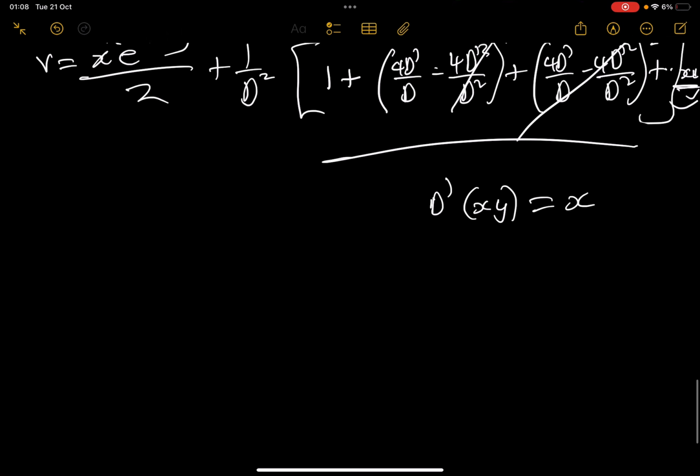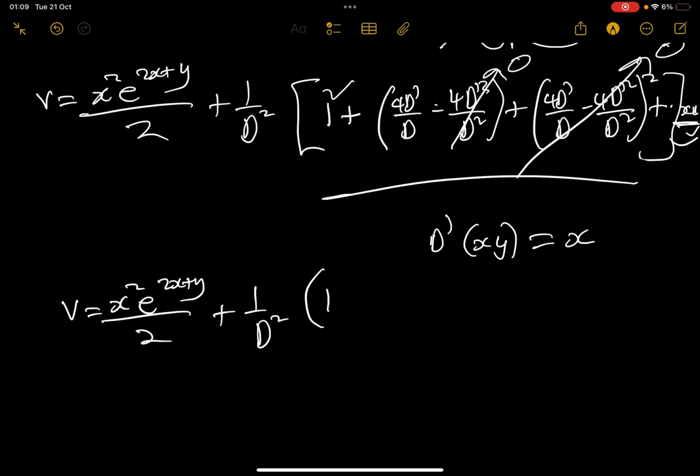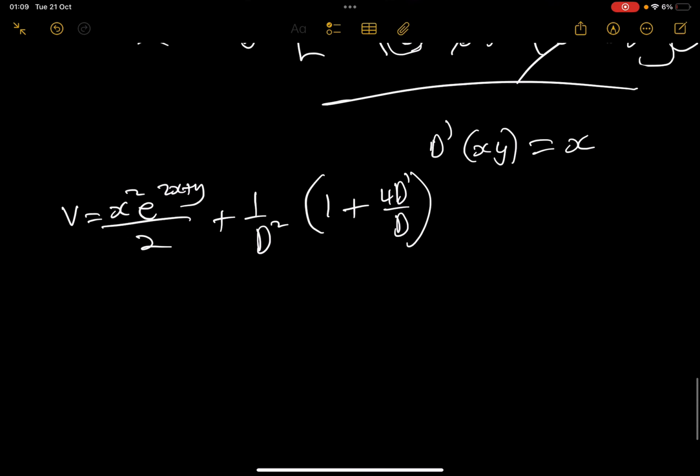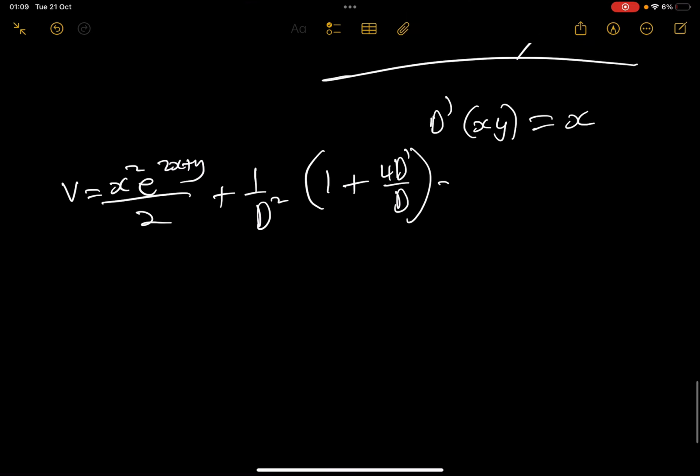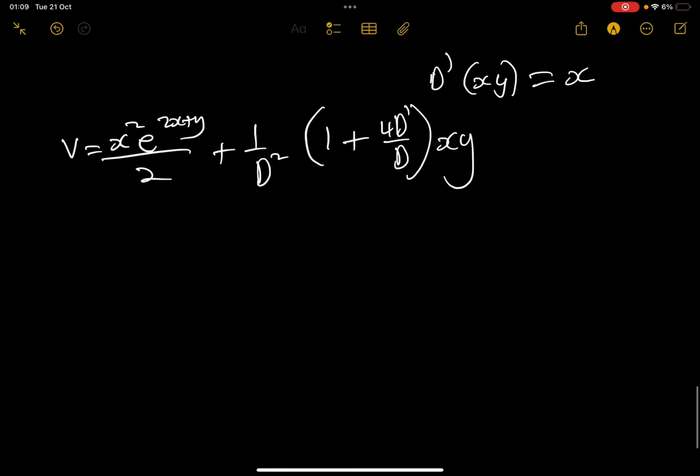So we are going to have v is equal to x squared e^(2x + y/2) plus 1 over D squared, this is going to be 1, this first term, plus this term, which is 4D prime over D. So now this is where we are, and obviously we have xy, which was here.